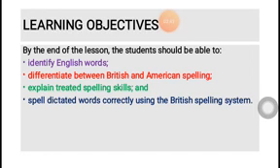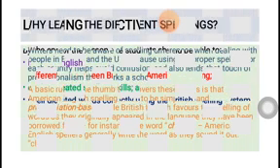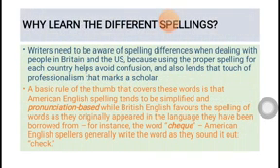So why do we have to learn these different spellings? Well, as writers, we need to be aware of spelling differences when dealing with people in Britain and in the US, because this is very, very essential. Using proper spelling for each country helps you to avoid confusion. When you are speaking or writing to a Briton and you're using American English, the person will be confused.